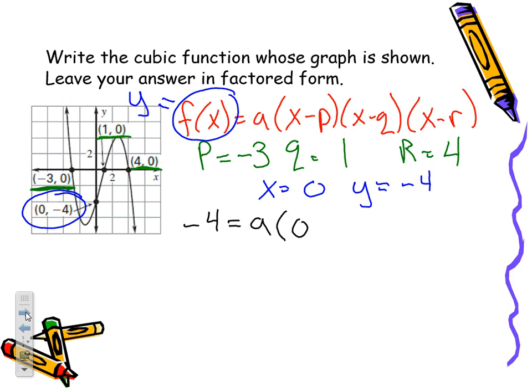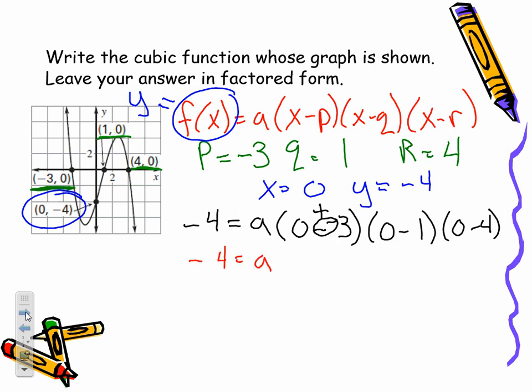the quantity 0 minus a -3, minus a negative turns into a positive. 0 minus 1, 0 minus 4. So if we simplify this, we're going to get -4 equals a times 3 times -1 times -4.